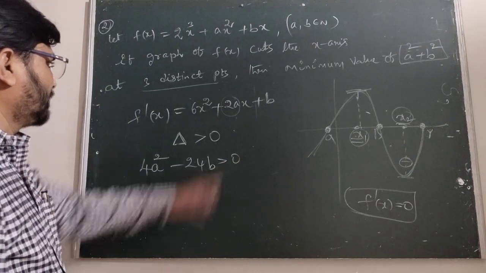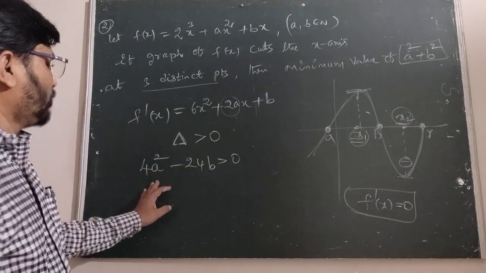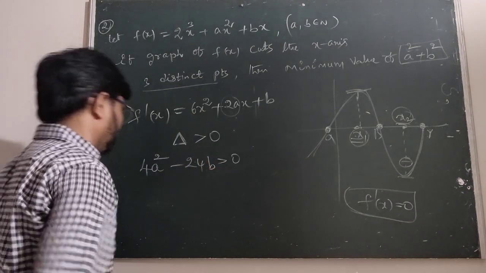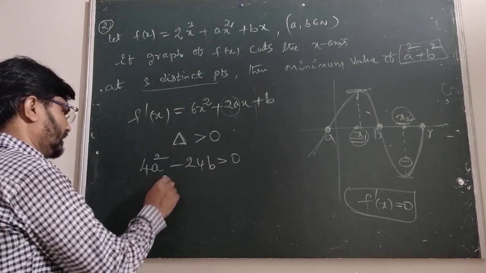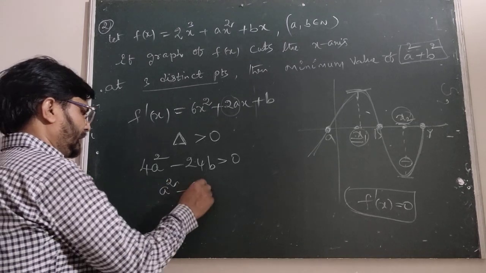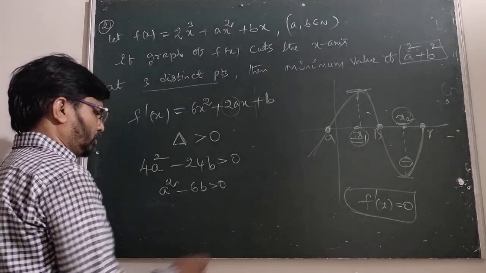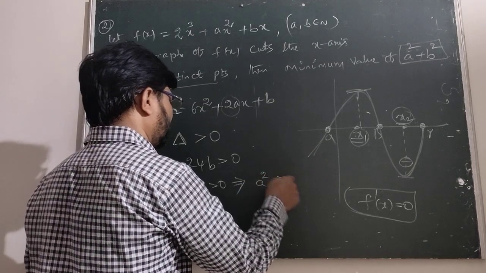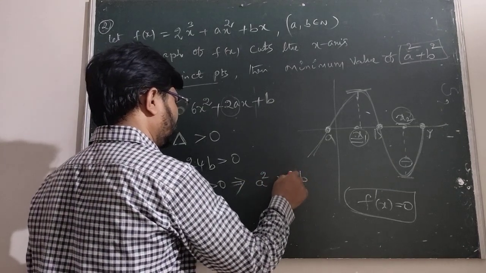Now dividing by 4, a square minus 6b is greater than 0. That implies a square is greater than 6b.